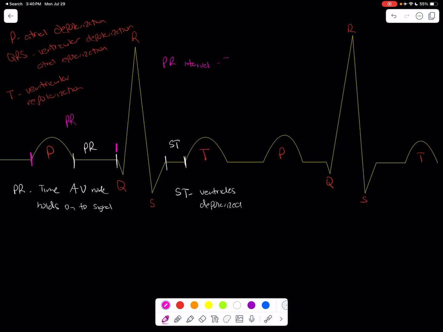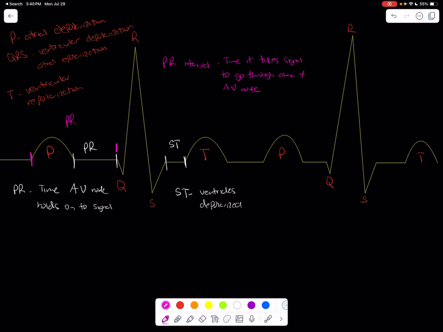So the time it takes the signal to go through the atria and AV node. Okay. So basically we start depolarizing the atria. How long before that signal is sent on to the ventricles?